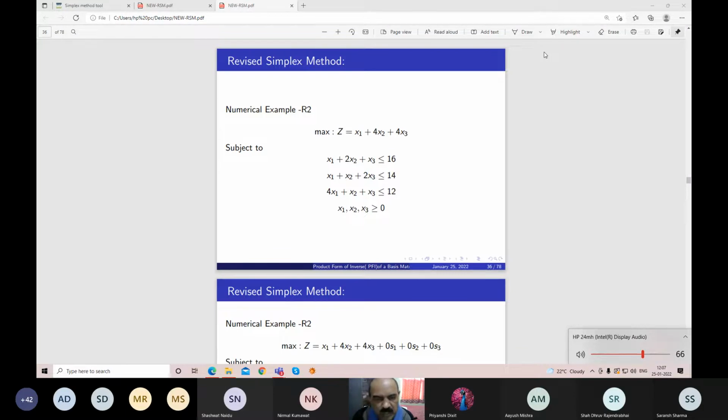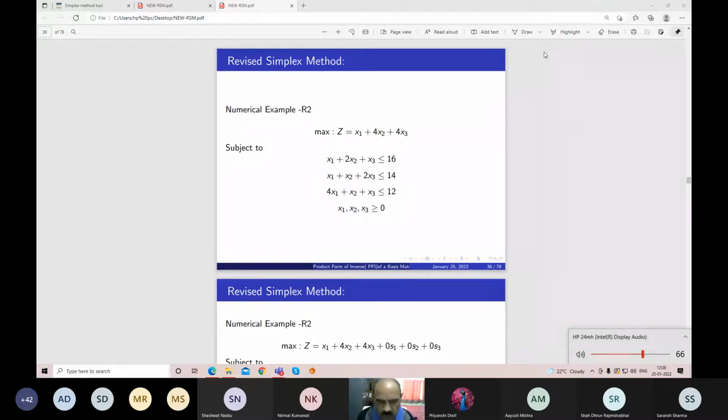Somebody solving these finds a point and says that is the maximum, or that it is also the minimum. It may happen, but we will not proceed in that manner. We have to proceed using the simplex method procedure.